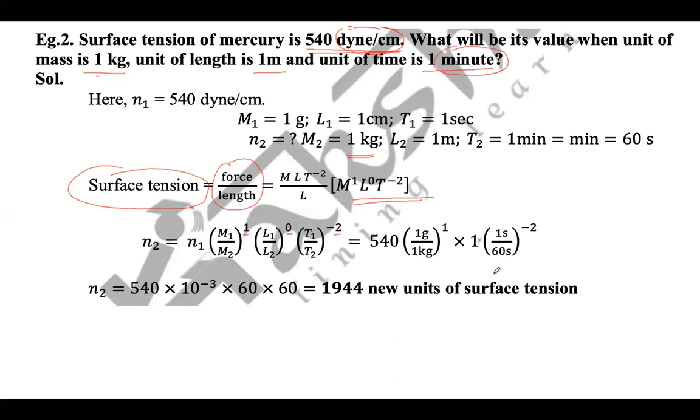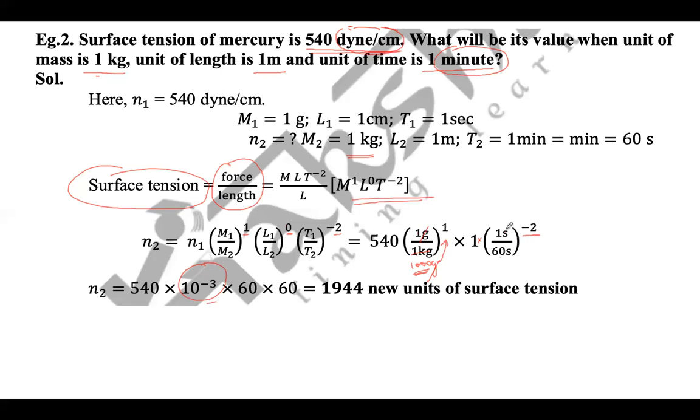So 1 second by 60 second, T1 upon T2 raised to the power minus 2. We convert it in the same form. So kg we also write as 1000 gram. Now gram is cancelled. So this is 540 into 10 to the power minus 3, and whatever 1000 gram is there, when you take it in the numerator, it will be 10 to the power minus 3. Then 1 by 60 second raised to the power minus 2.